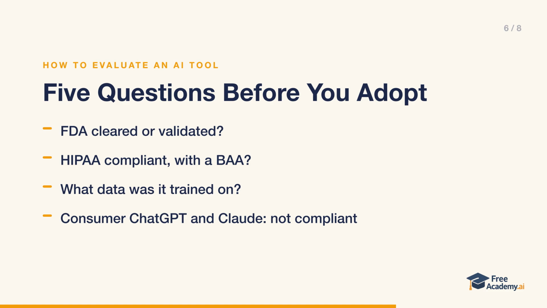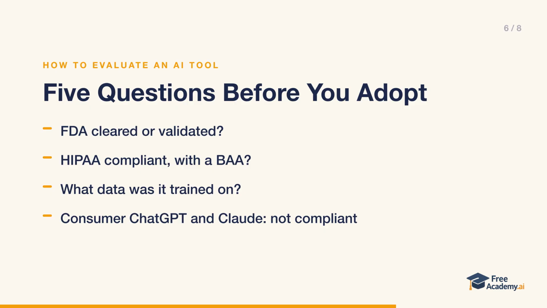Before adopting any AI tool, ask 5 questions. 1. Is it FDA cleared or validated? For anything used in clinical decision-making, check for FDA clearance or de novo authorization. The FDA keeps a public list of AI and machine learning-enabled medical devices.